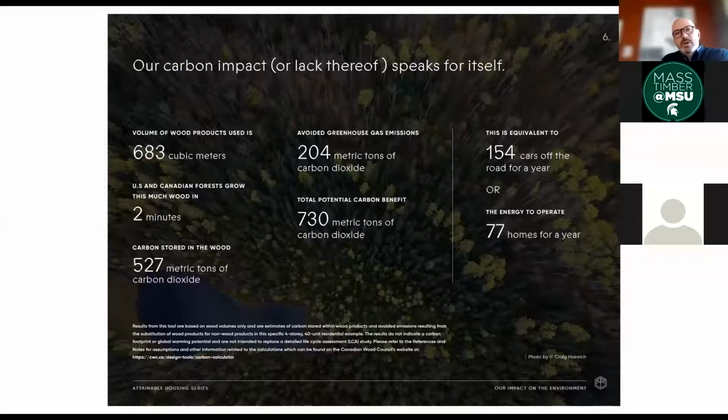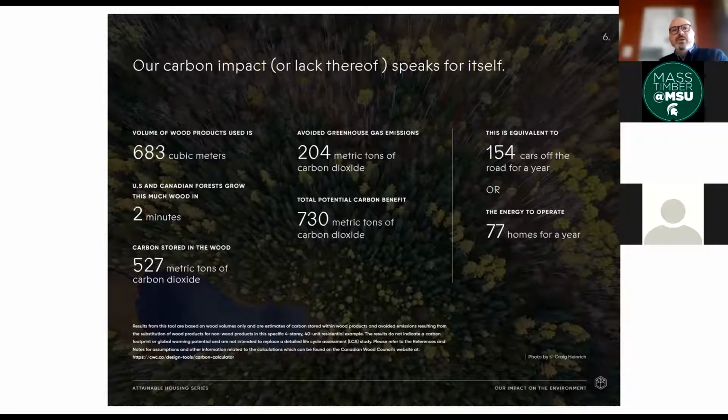For the majority of projects, we do our own carbon impact assessment. This particular building has a total carbon benefit of about 730 metric tons of carbon dioxide. That's made up of 527 metric tons of carbon dioxide that's actually stored in the wood. This is the amount of carbon dioxide that our forests have absorbed from the environment and stored in the form of the wood that's included in this building.